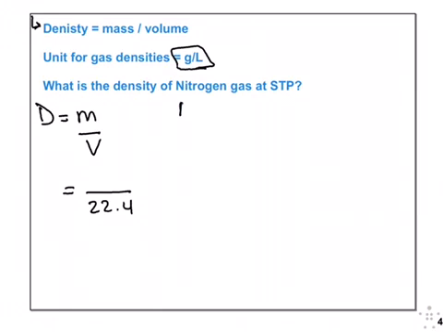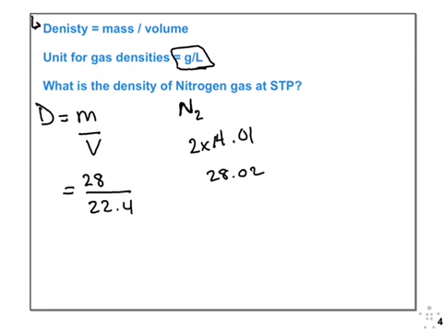So nitrogen, is it just N or is it N2? N2. So 2 times 14.01. So it'll be 28 something, right? 0.02. So that's our mass.